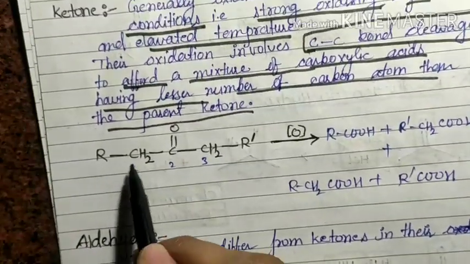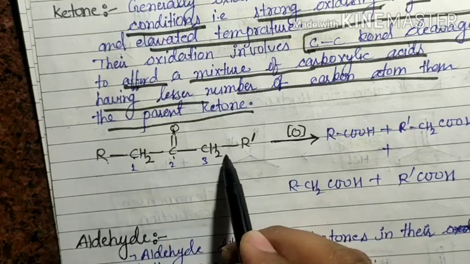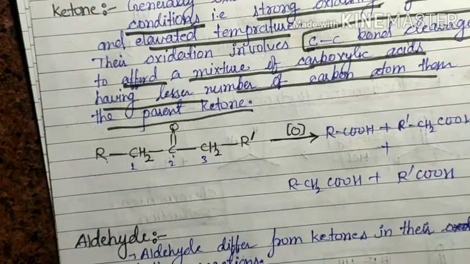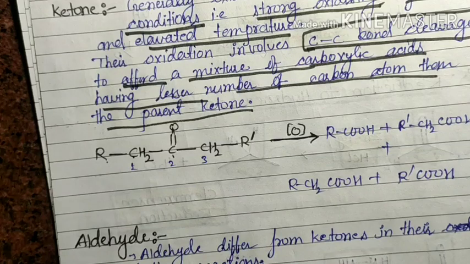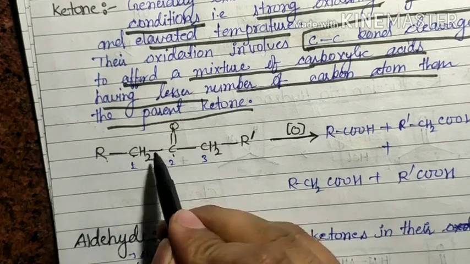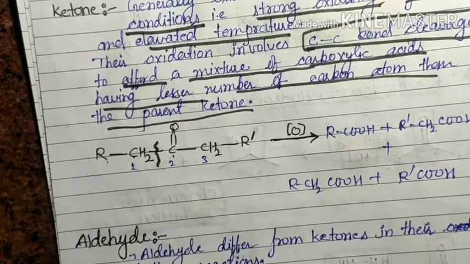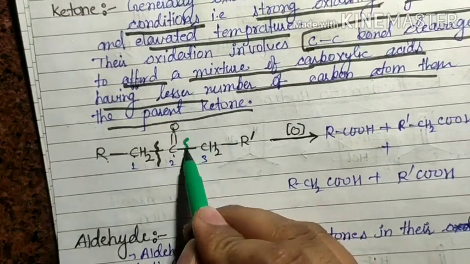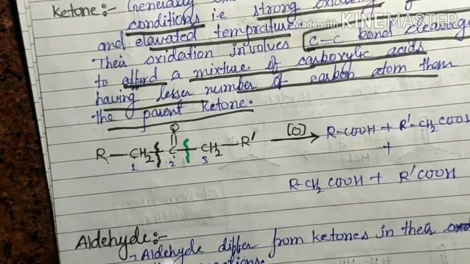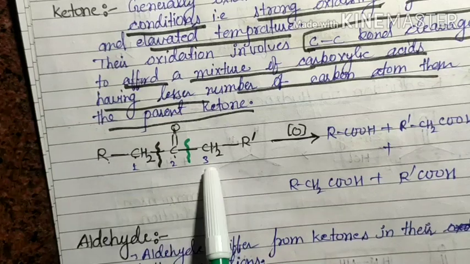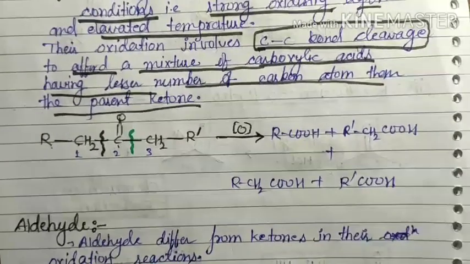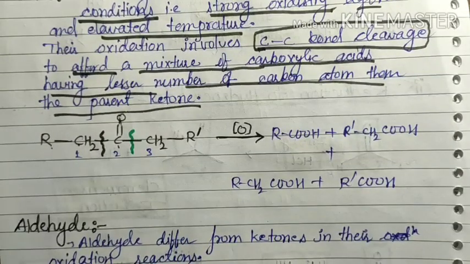This is a ketone, RCH2 C double bond O CH2 R'. Carbon bond breaking can take place in two places: between carbon 1 and 2, or between 2 and 3.